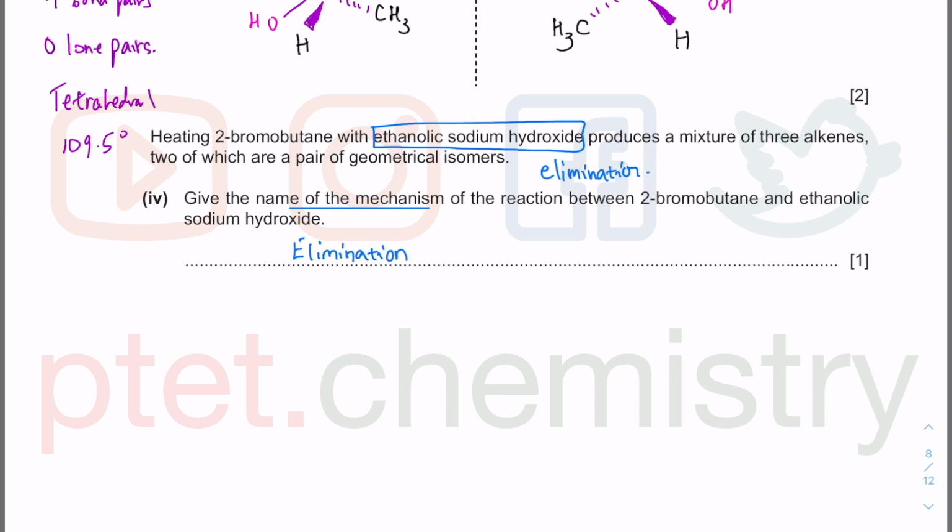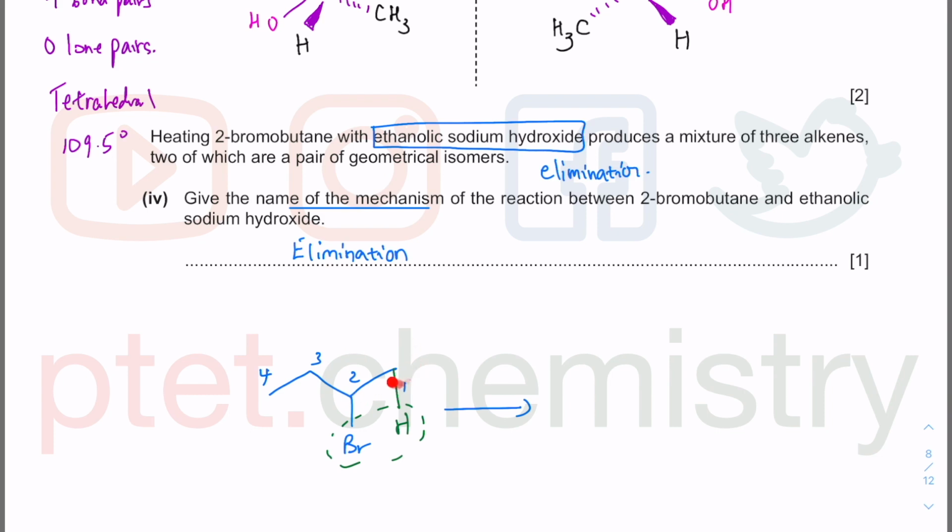But what you can say is, when you have 2-bromobutane, so I've drawn it slightly differently here, but again we have to put in the lowest number for the branch group there. So you have 2 different carbons here, because you gotta remove the hydrogen from the neighboring or adjacent carbon. You cannot remove the hydrogen from the same carbon with the halogen, because you're trying to form the double bond.